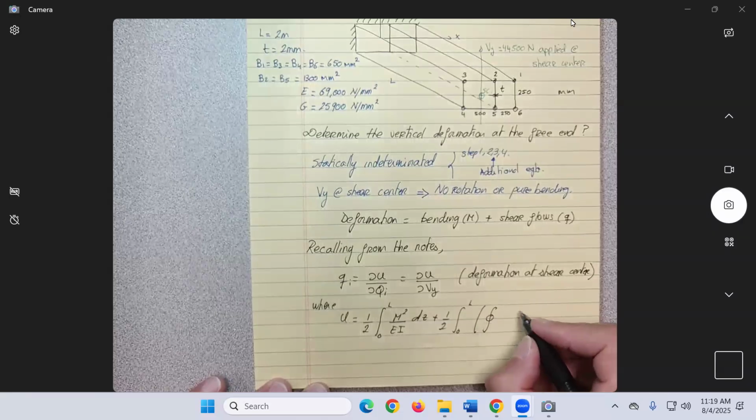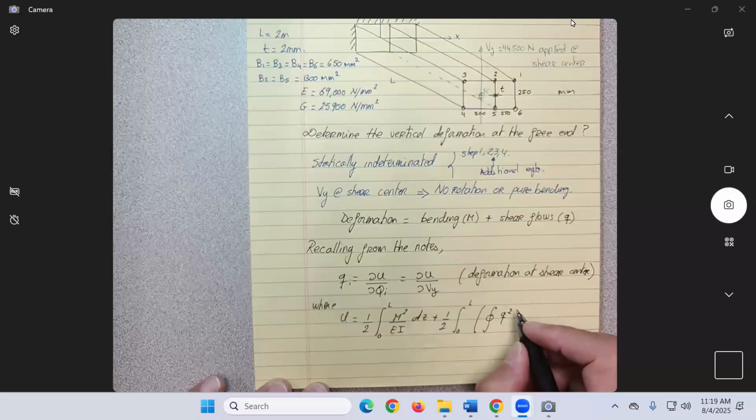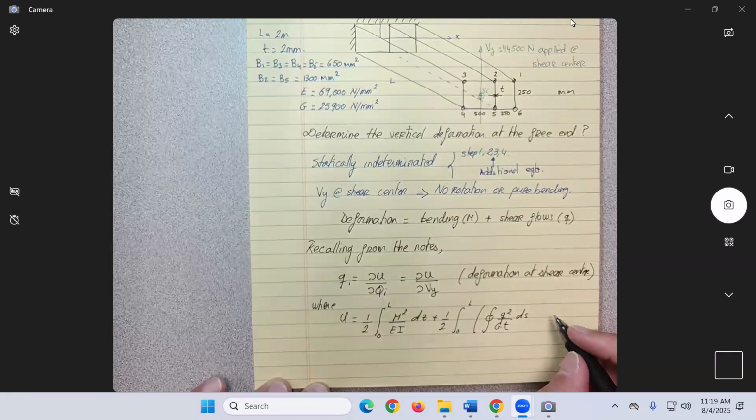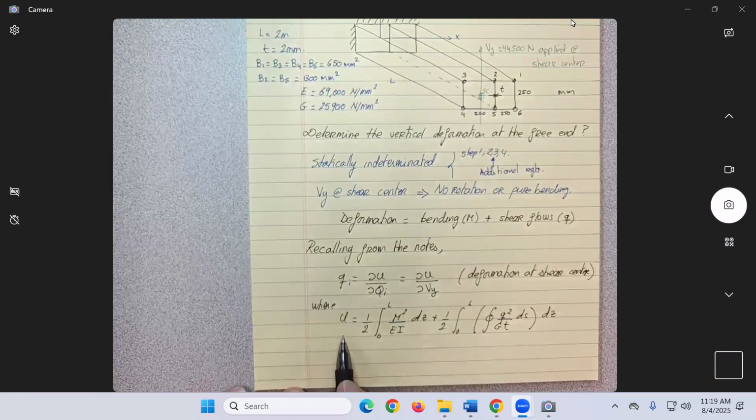What's the title of this section or chapter? It is Principle of Virtual Work and Strain Energy. Okay, remember this one was equal to what? Sigma epsilon squared dV.